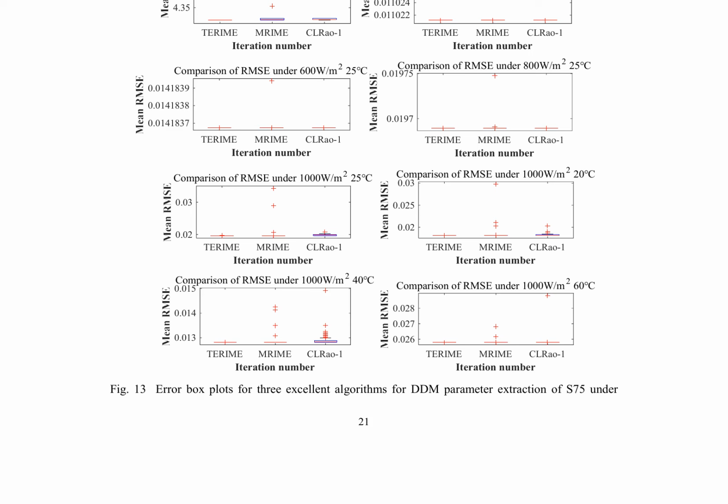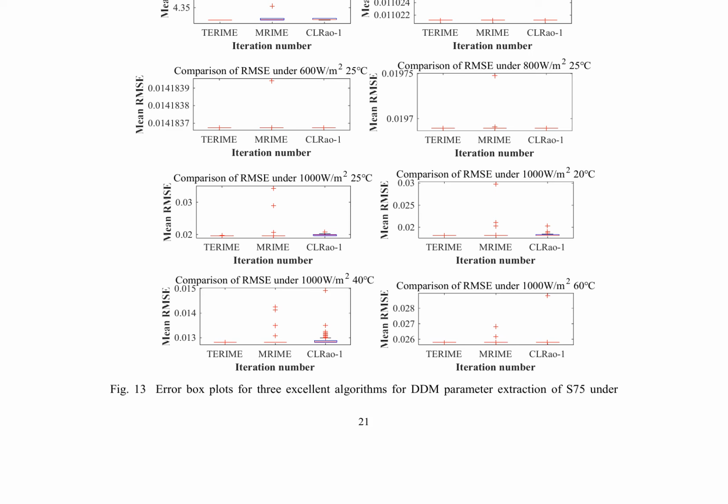The plots illustrate that CLRAO1 tends to have a lower median RMSE and a smaller interquartile range compared to the other two algorithms. Subsequent plots compare the RMSE values of the three algorithms under different irradiance and temperature conditions, with CLRAO1 consistently demonstrating better performance.